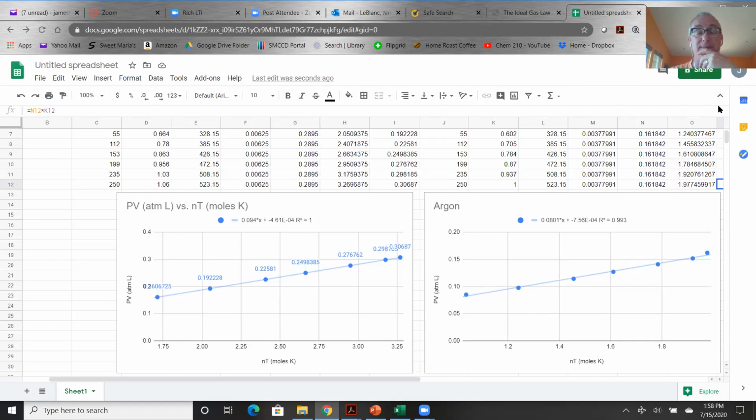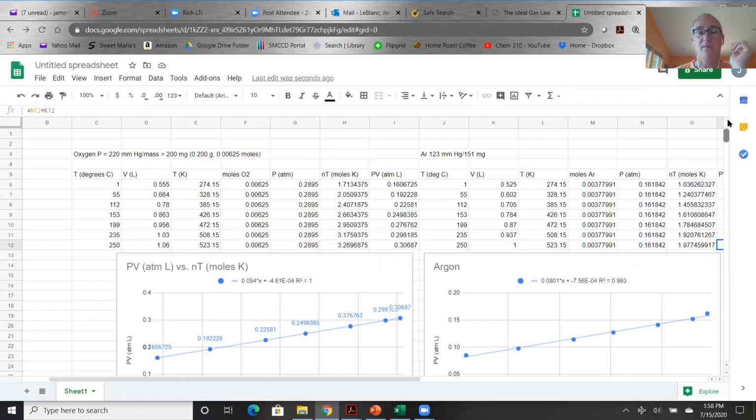Anybody have anything else you want to ask? For the table, should we put it into 3 sig figs, or just if we want? It's not necessary. It'll be fairly obvious which numbers you typed in and which numbers the computer calculated for you.